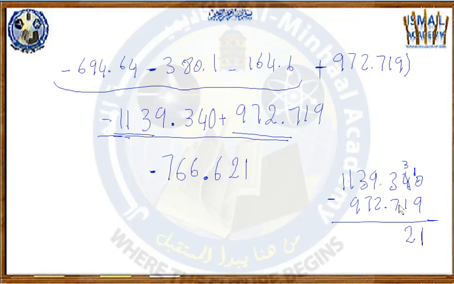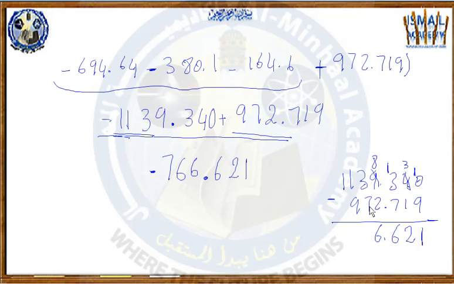Here I have 3 and 7. 3 is smaller than 7. So what do I do? I borrow 10 from the next. So 13 minus 7 is 6. Okay? Then I will have 8 minus 2, which is 6.